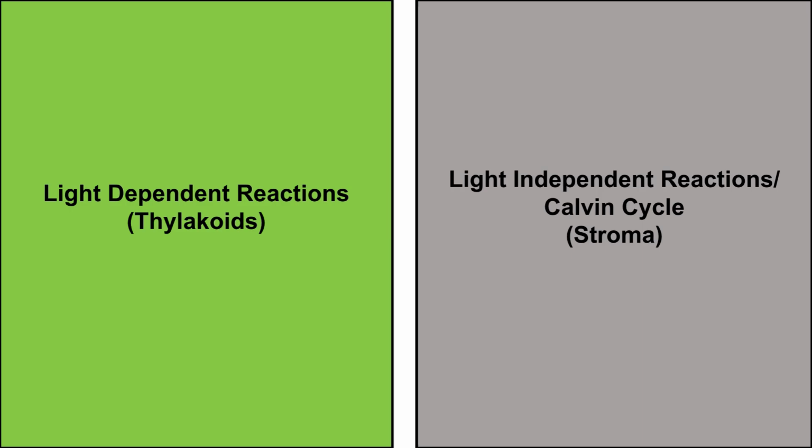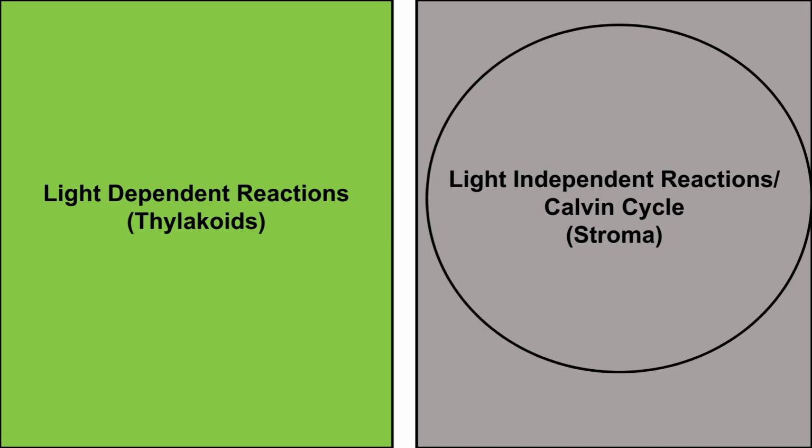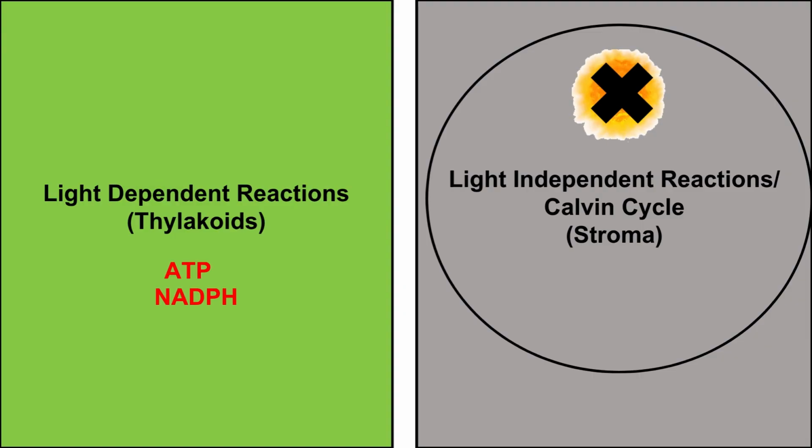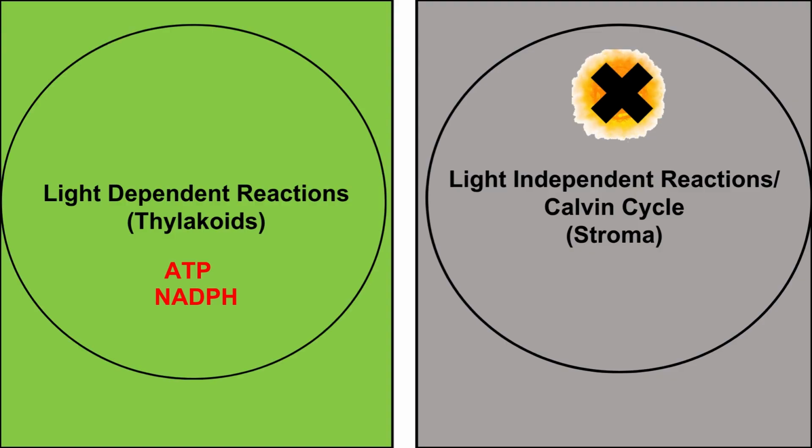You may have heard the Calvin cycle referred to as the dark reaction or light-independent reaction. However, the term dark reaction can be misleading. While the Calvin cycle does not require direct sunlight, it depends on ATP and NADPH, which are produced during the light reaction.